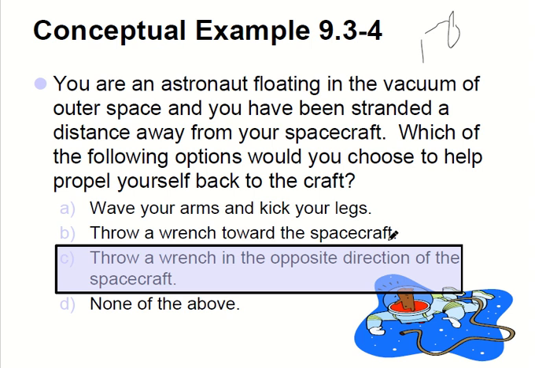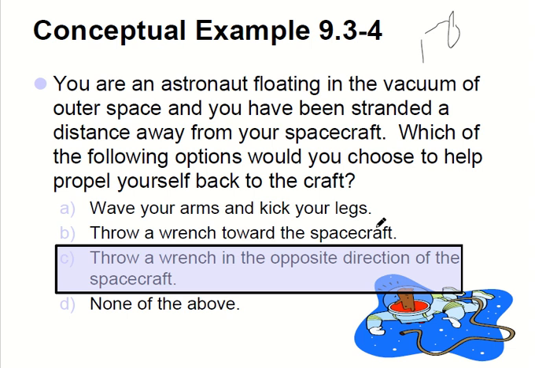It might be a little bit difficult to understand the nature of space, where there's no friction, no external force, and no air. It definitely behaves a little bit differently.